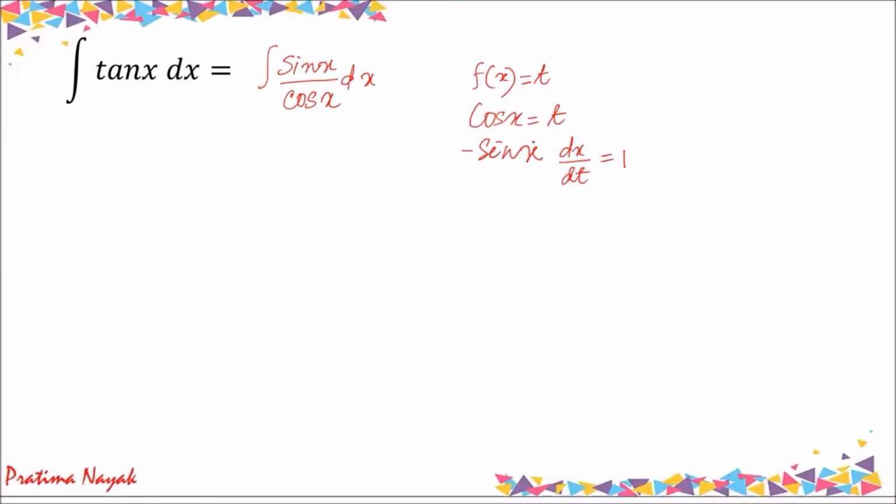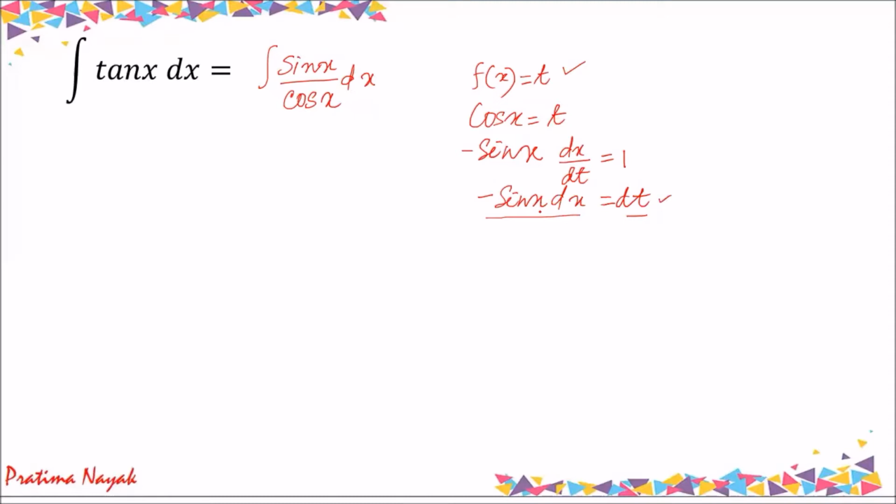If I write the derivative, dt by dx is equal to minus sin x. So now minus sin x dx is equal to how much? It is dt. So this will be the conversion to dt. That means t must be there in the function, and dt must be there. Then only you can put the substitution.